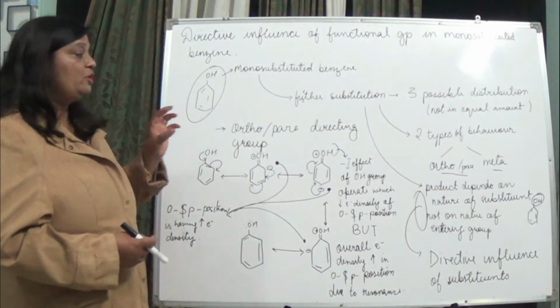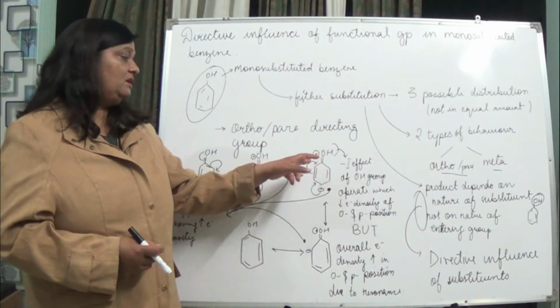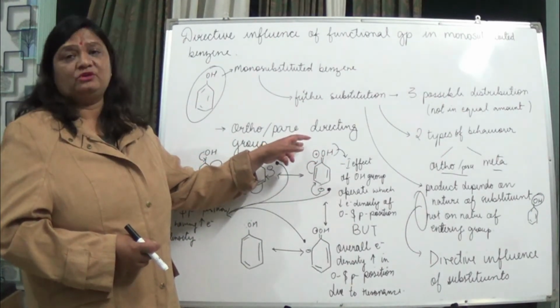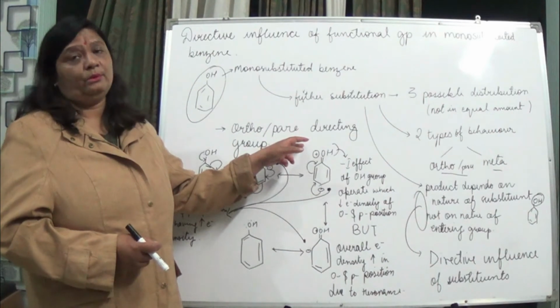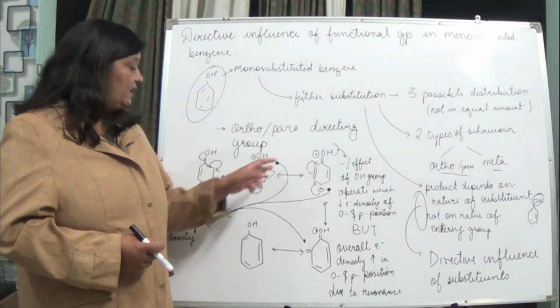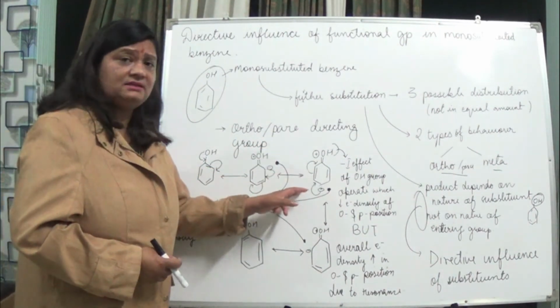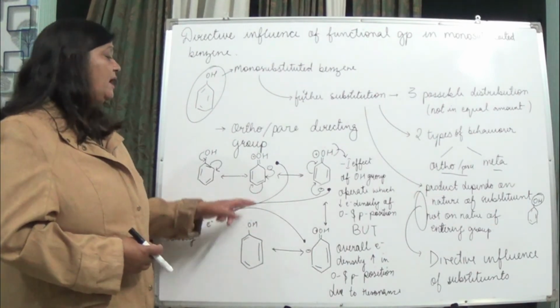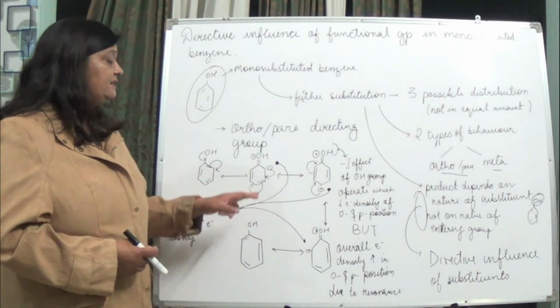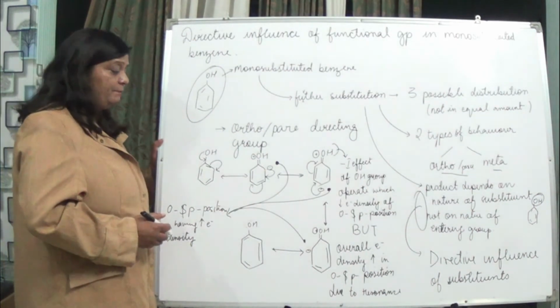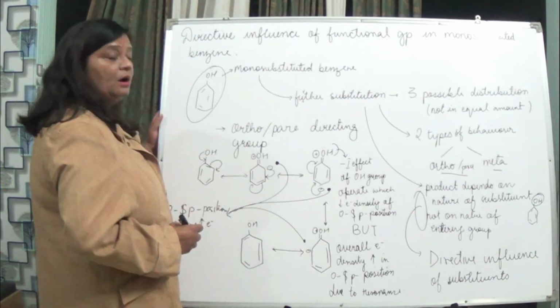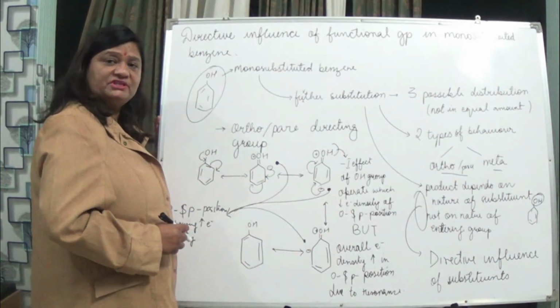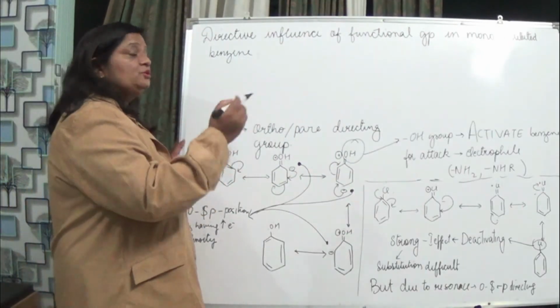If it was showing only minus I effect, here electrons should be moving from benzene towards the OH, but as here it is showing resonance, which is dominating, thereby we are seeing the increase of electrons in the ortho, para position.